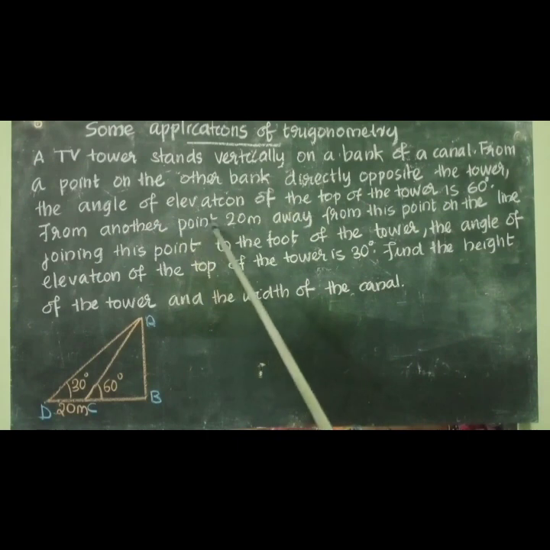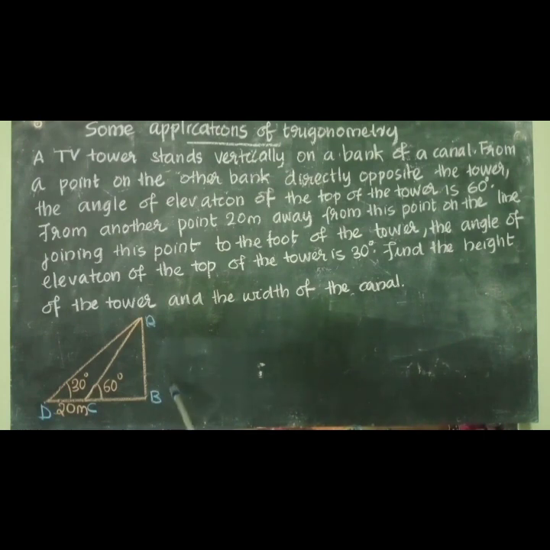From another point 20 meter away from this point, on the line joining this point to the foot of the tower, the angle of elevation of the top of the tower is 30 degree. Find the height of the tower and width of the canal.